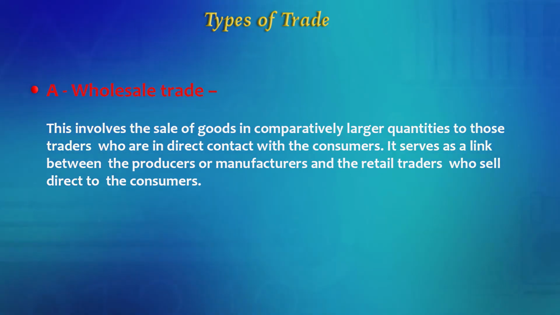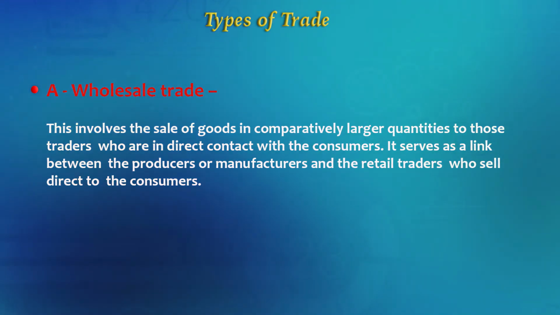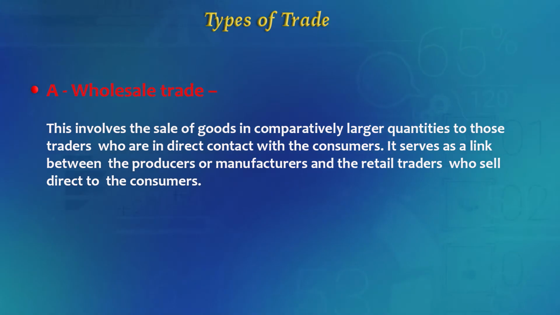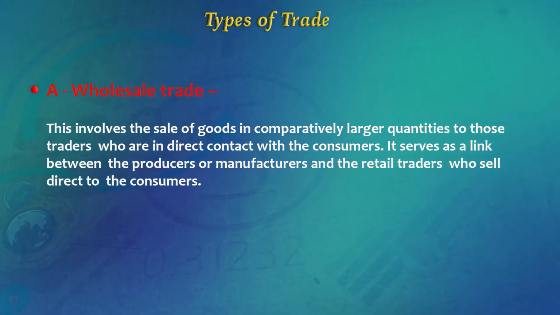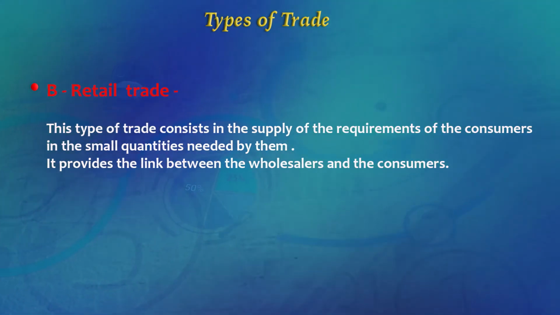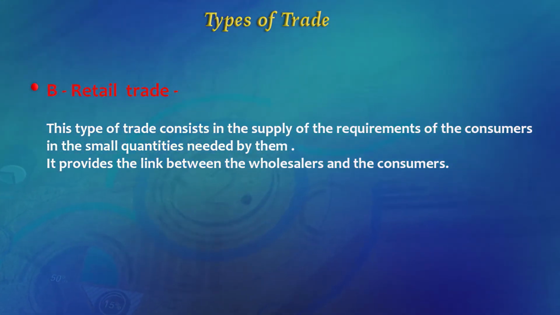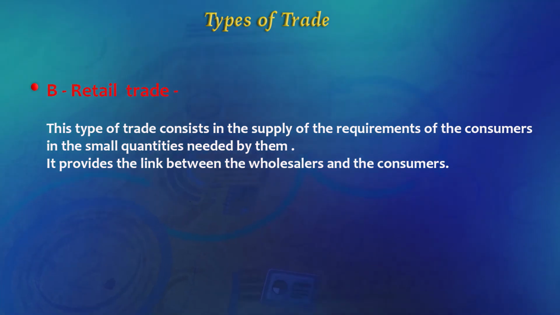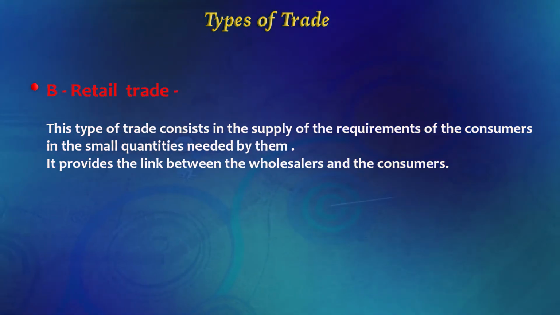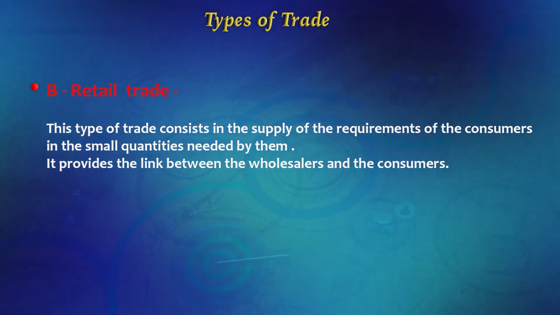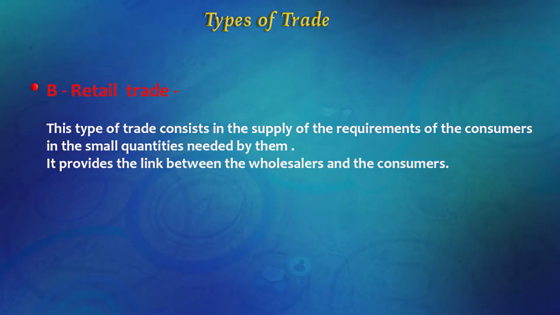It serves as a link between the producers or manufacturers and the retail trader who sells directly to the consumers. Retail trade consists in the supply of the requirements of the consumer in the small quantity needed by them. It provides the link between the wholesaler and the consumers.